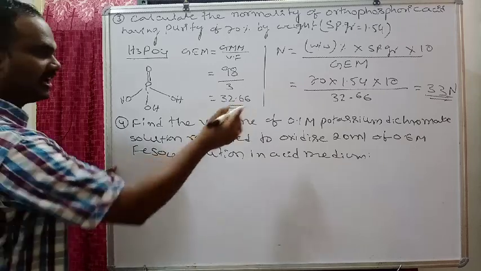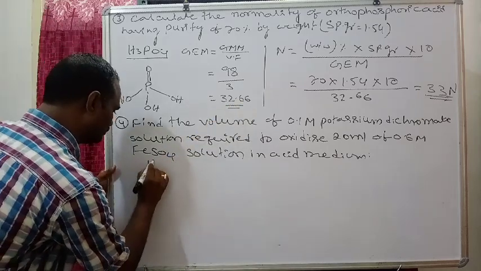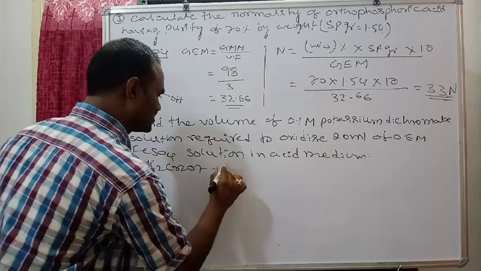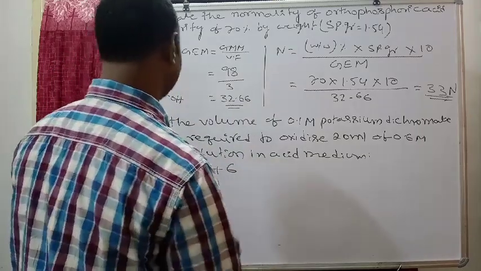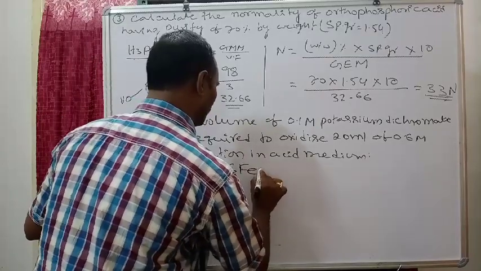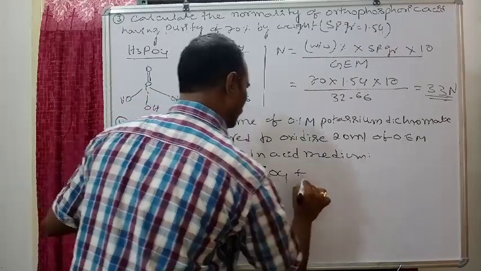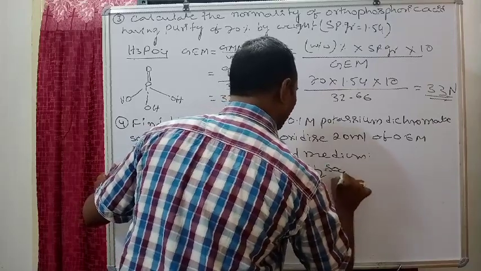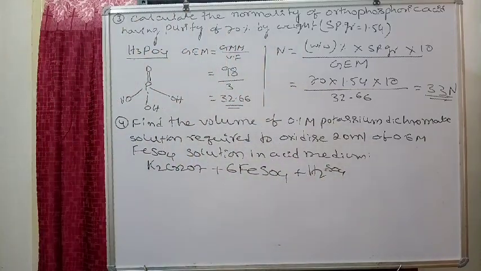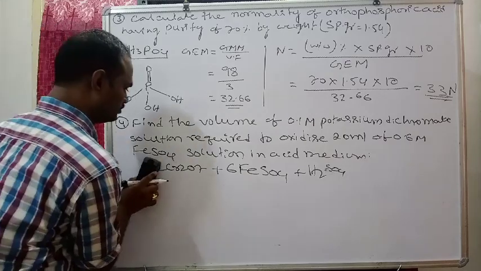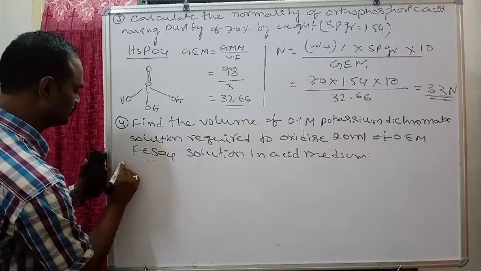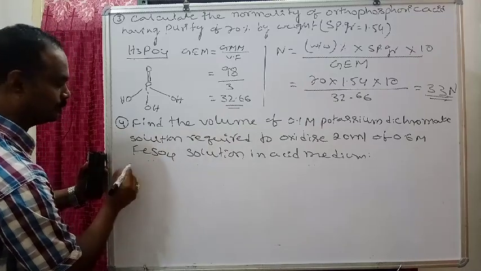You have to write potassium dichromate K2Cr2O7 plus 6 FeSO4 plus H2SO4. We have to write small letters to maintain the total problem.